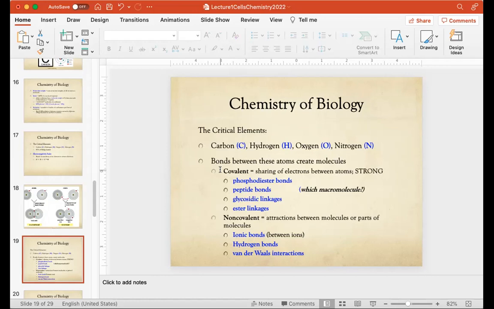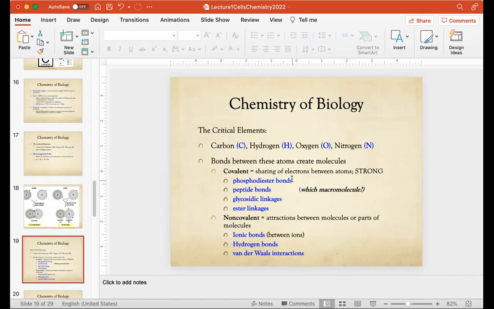For example, the type of covalent bond that holds the backbone of a strand of DNA together gets a name. It's called a phosphodiester bond. Phosphodiester bonds are found in the backbone of a strand of DNA.